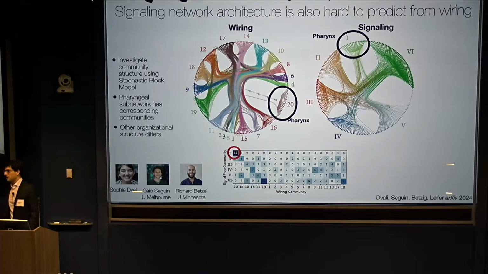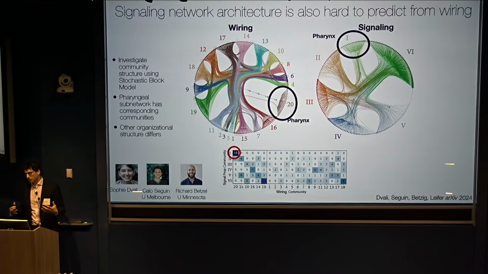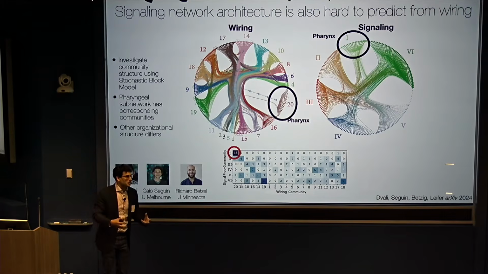Okay, but maybe you'd say, forget predicting the individual responses, but network science has a whole field that focuses on this implicit assumption that properties of the network, like the architecture, are informative and helpful. So we wanted to ask, maybe if we looked at the community structure, that should be more similar.